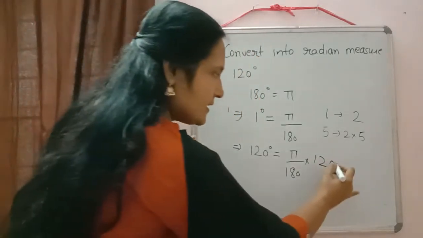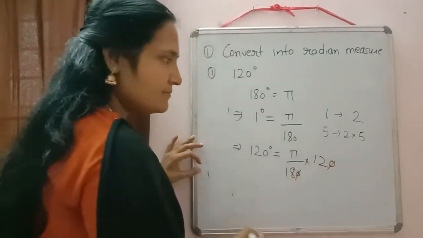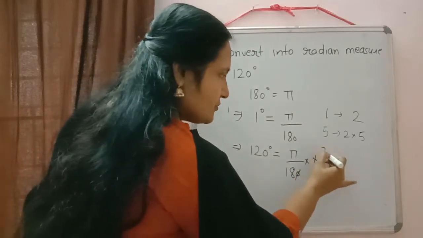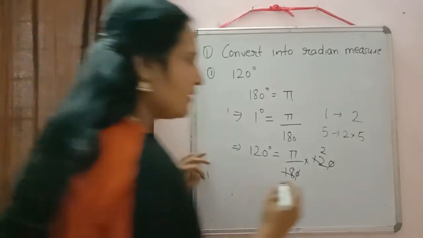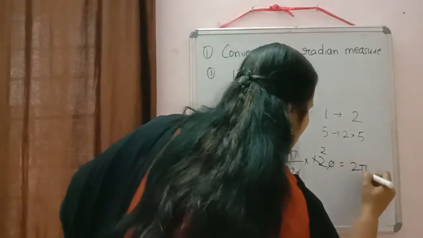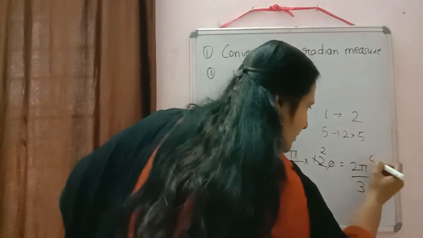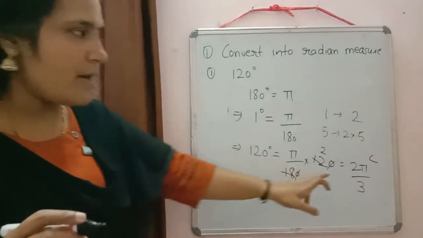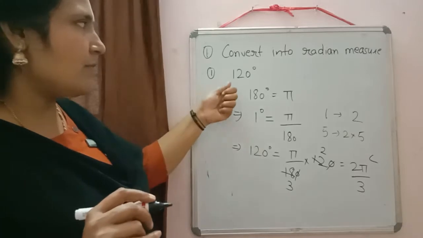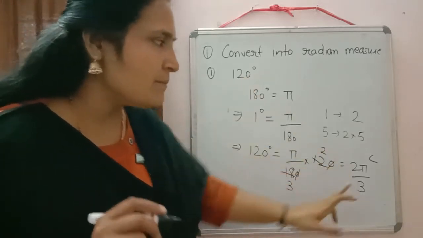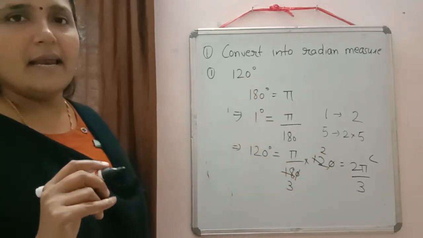Now if cancellation is possible, we can cancel it. Here we get 6 2s are 12, 6 3s are 18. So it will be equal to 2 pi by 3. Now you can write radian. Whenever pi is used, it means the angle is given in radian system. So 120 degree is equal to 2 pi by 3 radian.